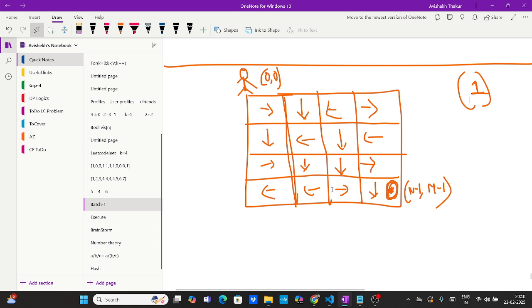तो कैसे करेंगे, क्या करेंगे? Can you see, whenever we are turning, it only costs 1, correct? And whenever we are going in the same direction, it costs 0.